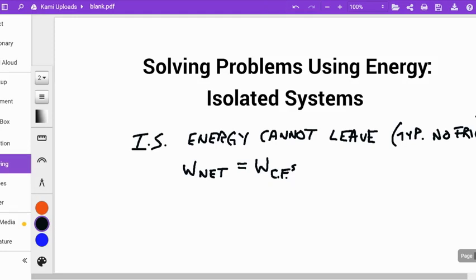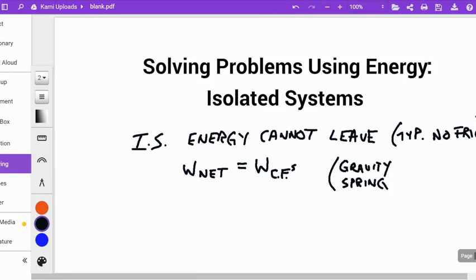The two examples of conservative forces are gravity and spring. Those are the two main conservative forces, and a lot of problems really involve just one or both of those forces. Okay, so let's see where that takes us, right?